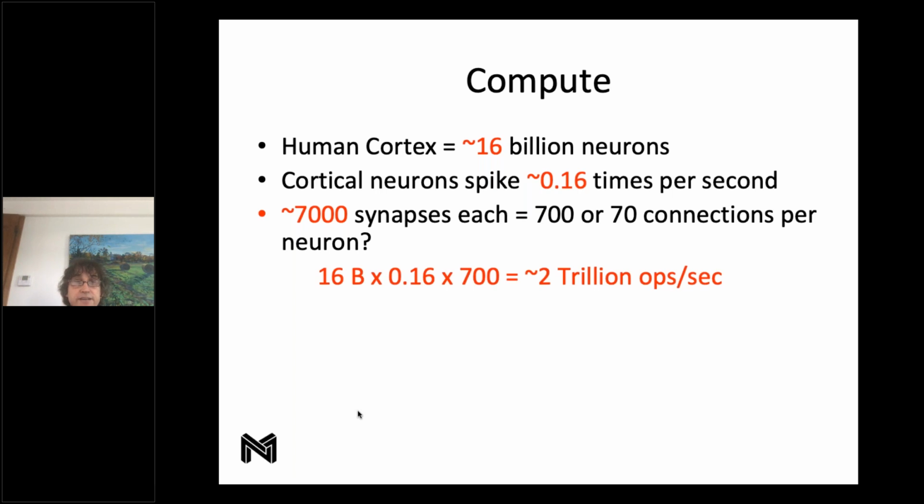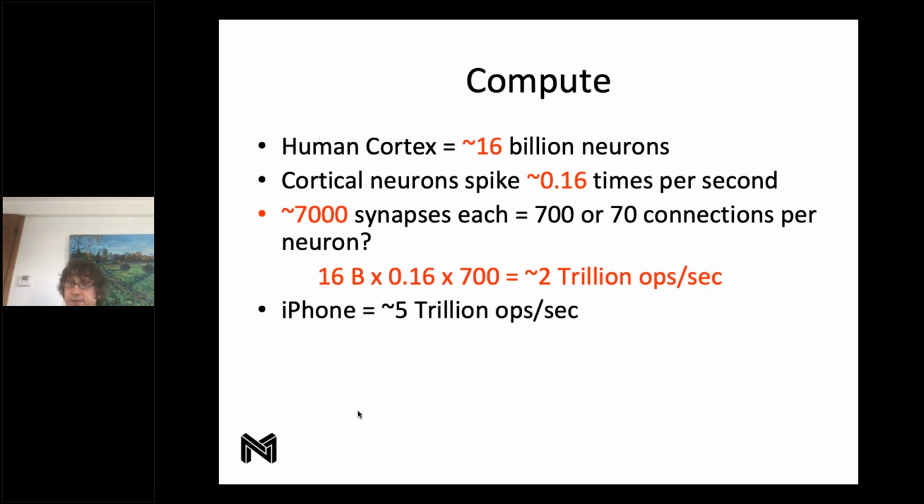So with that in mind, I take 16 billion times 0.16 times 700 connections, and assuming that every time I fire, I am actually doing the same type of computation that I do in a neural network, then what I have is about 2 trillion operations per second, okay?